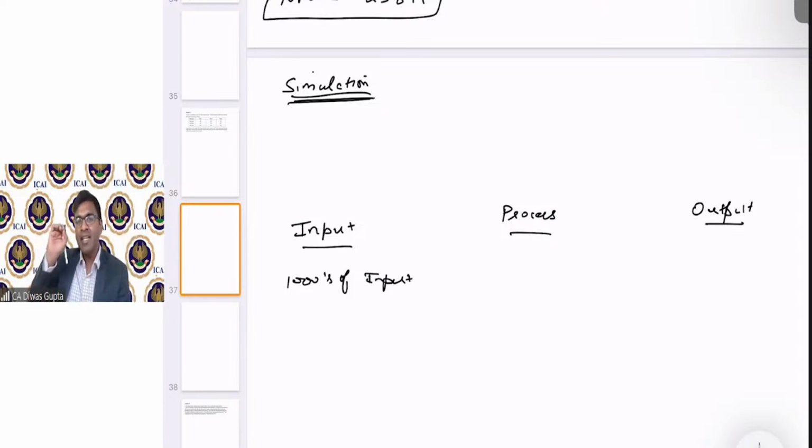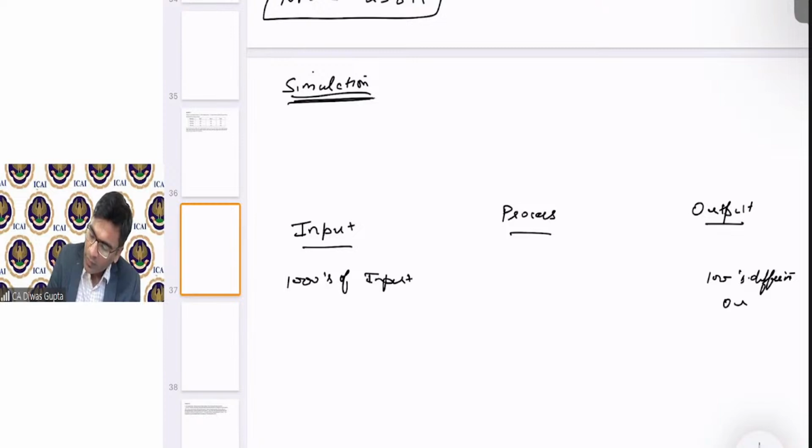I perform the same process a thousand times on different inputs and arrive at a thousand different outputs. So this is called simulation, because we don't know the exact input that is going to come in future. Hence, we are trying to assess all the different inputs that we can know as of now and try to arrive at an output.